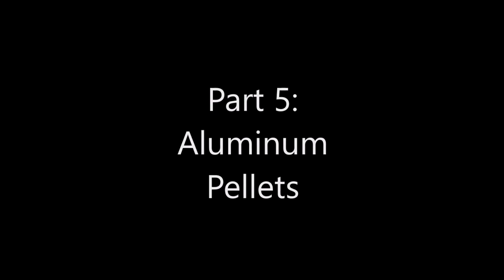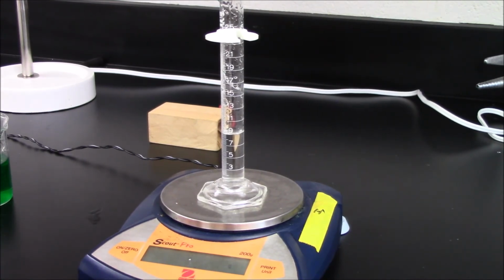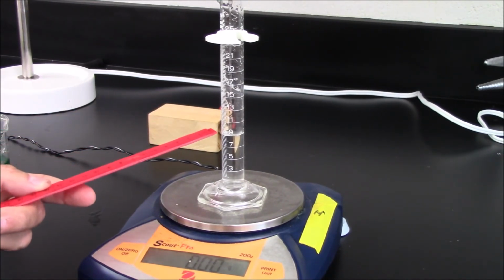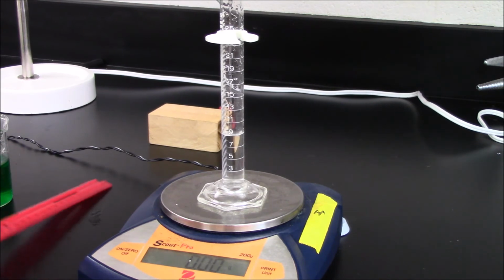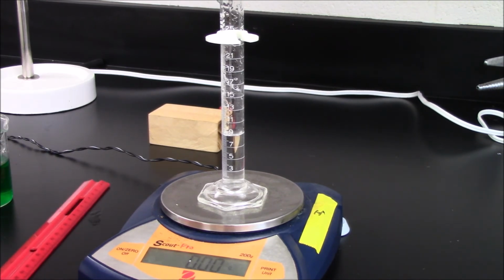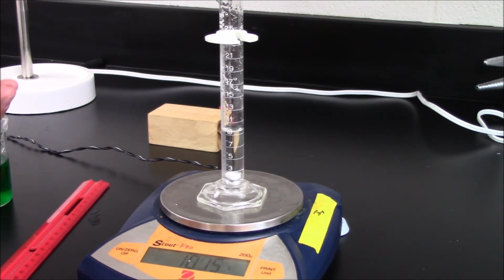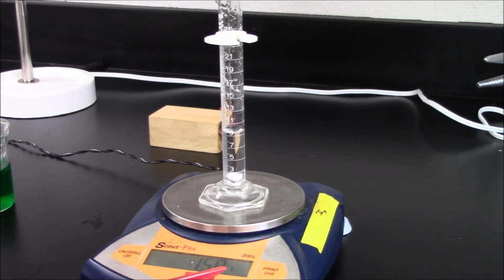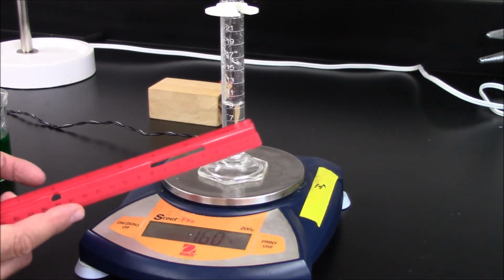Part 5. Aluminum pellets. Obtain a graduated cylinder with a known volume and tare its mass. Be sure that there is a known volume of water in it as well. Add 2 aluminum pellets and record the mass and volume.